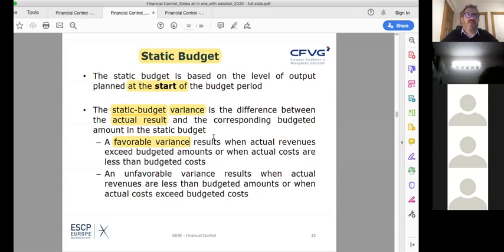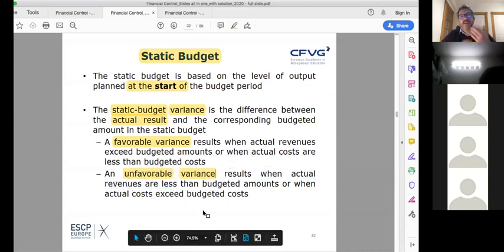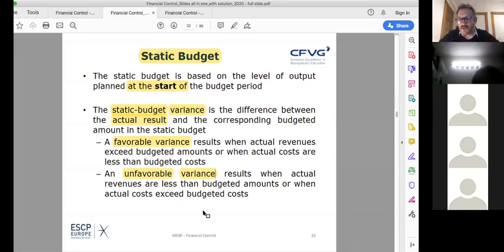So we have a positive, and an unfavorable variance is the opposite. Let's agree that we're going to try to qualify the variances as favorable or unfavorable.